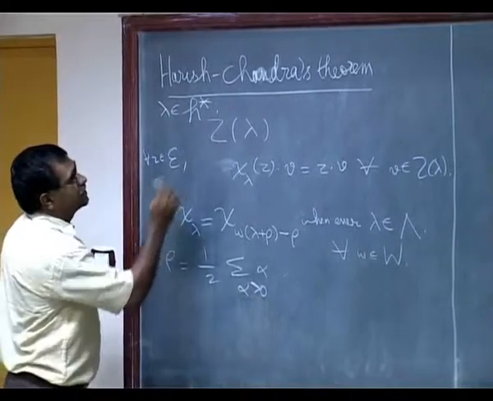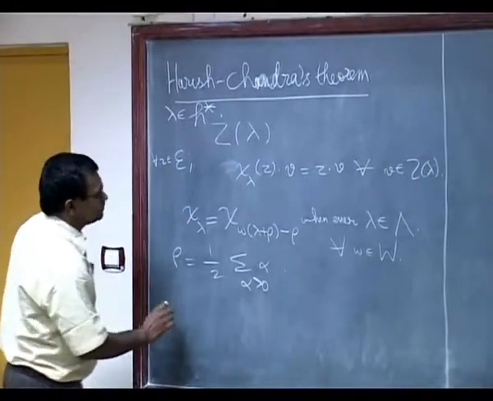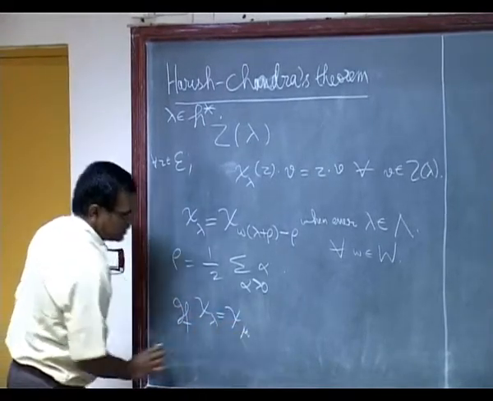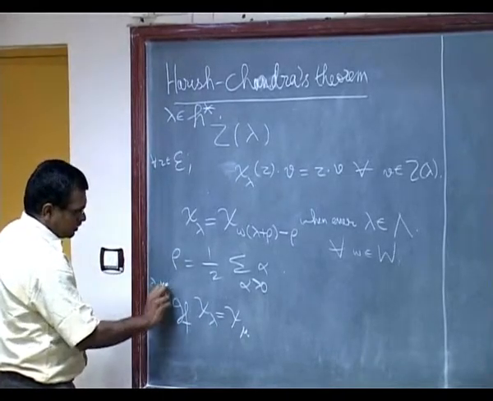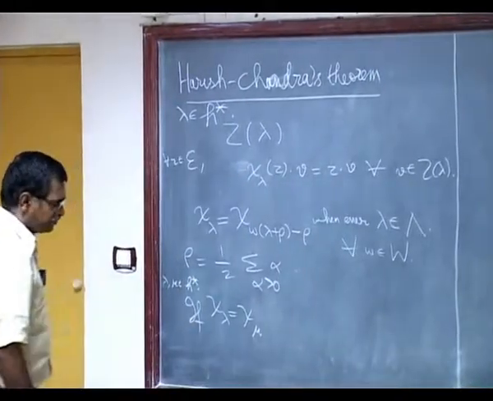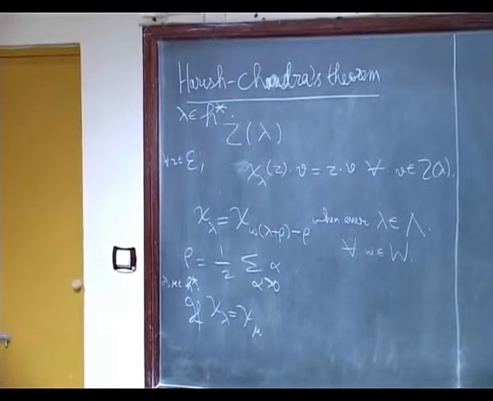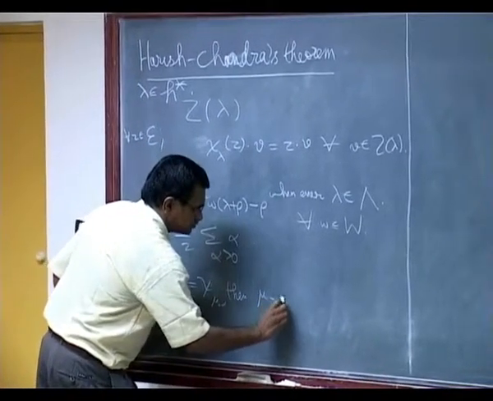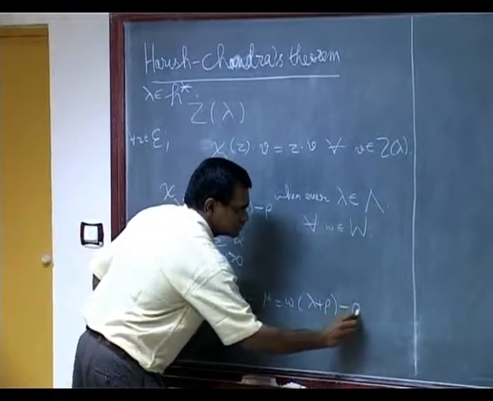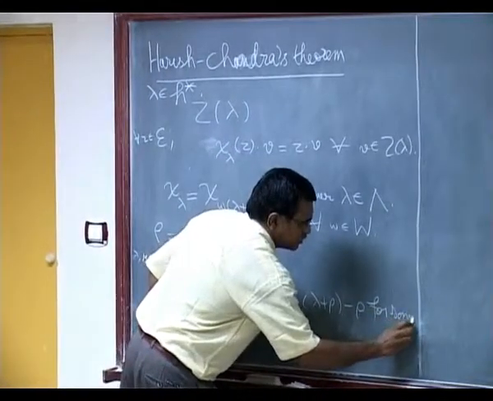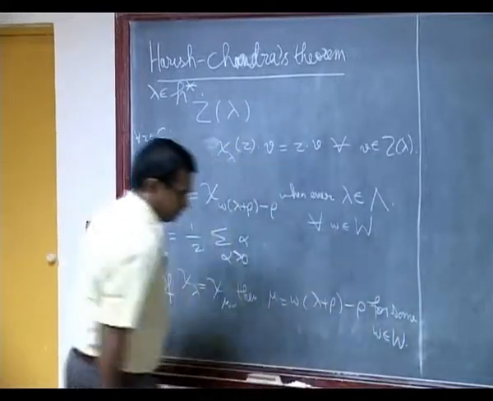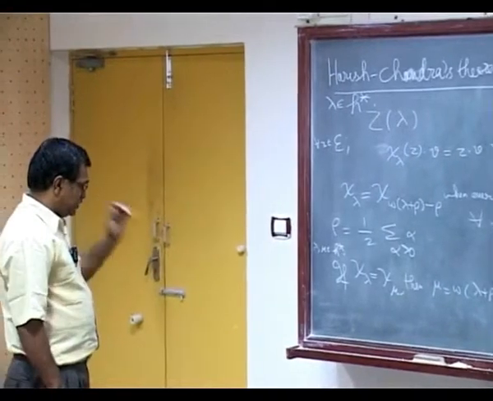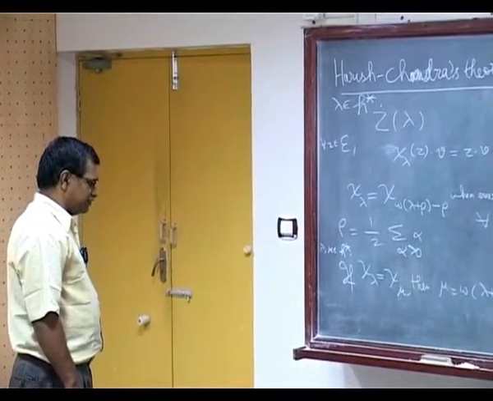And Harish-Chandra's theorem says that if chi lambda equals chi mu, so at this level lambda and mu are only linear forms, need not be integral, then lambda equals w of mu for some w in W. But anyway, finally, we are going to use only the case when lambda and mu are integral.